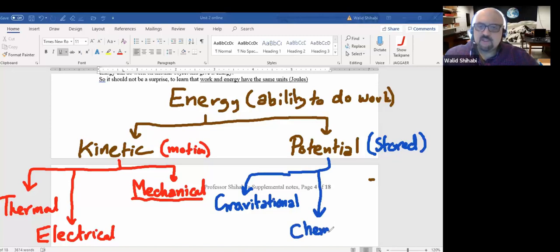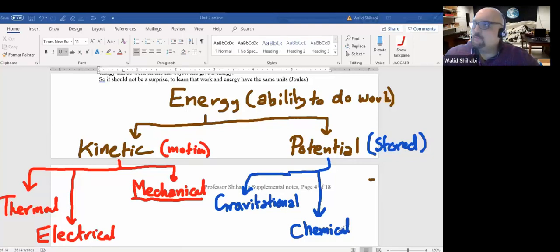This is energy stored in the chemical bonds inside objects, mainly combustible materials such as oil, natural gas, and coal. Combustible materials hold a lot of potential energy, chemical potential energy.